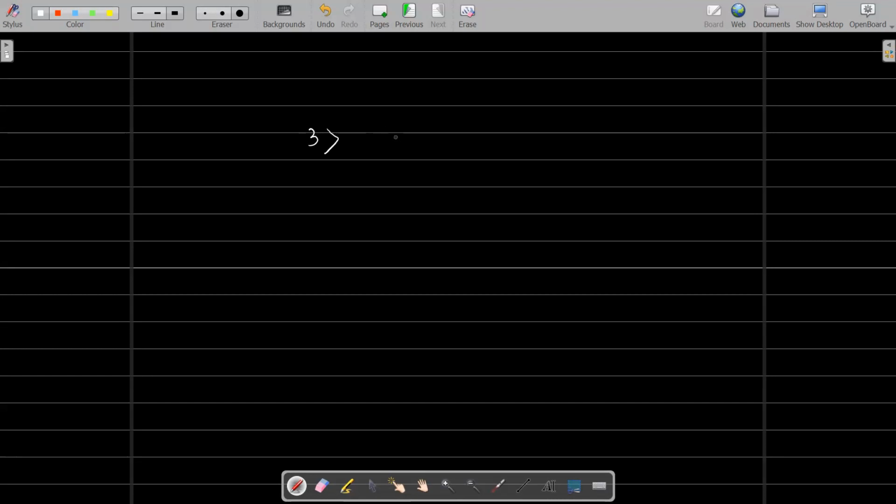Sir, by the law of indices, isn't a raised to m raised to n raised to r equal to a raised to m into n into r? Yes. So in that case, if we do root 2 raised to root 2, won't we get root 2 itself? Because half into half is 1 by 4, 1 by 4 into 2 is half, and then 2 raised to half is root 2.